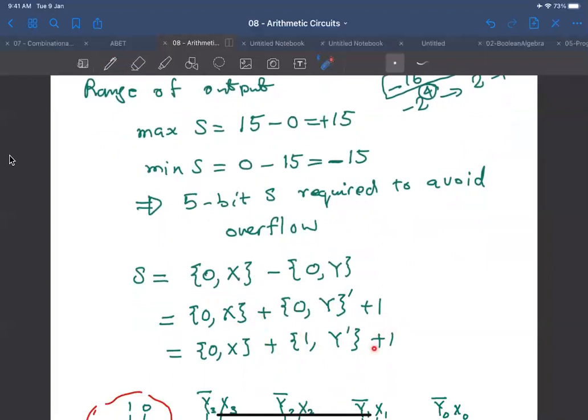So this is my carry in now. Then I'm adding Y0 complement with X0, and Y1 complement with X1, and so on and so forth. But eventually I have a 1 plus 0, or a 0 plus 1.